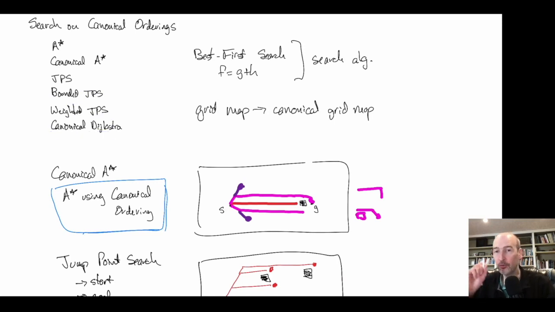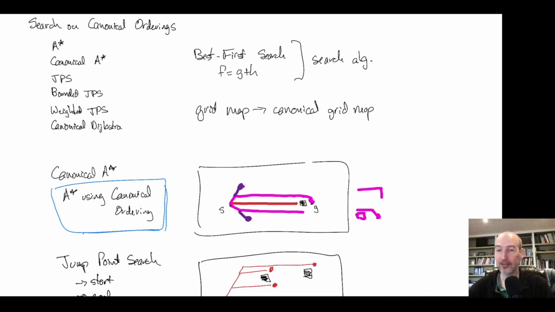So the difference here is all of the previous things we were looking at were point to point. You give me any start state, any goal, and I want to get the shortest path between them. But something that we're often doing in search is a single source shortest path. We want the distance, maybe I'm starting at the goal and going in reverse, but I want the distance from one state to every other one.